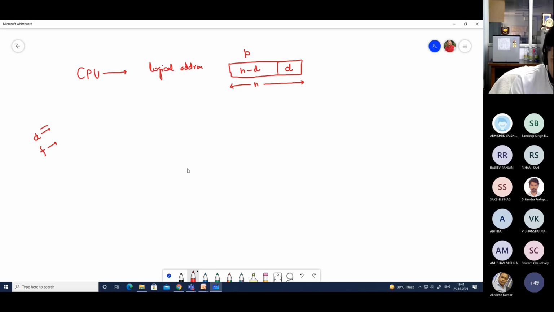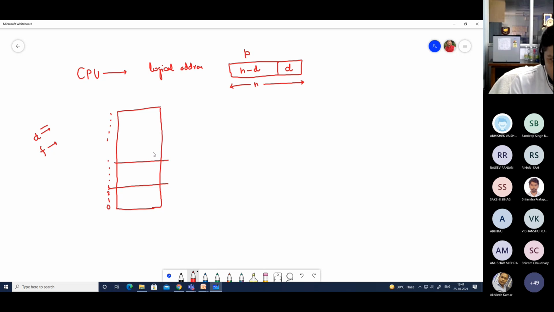So what is going to happen? Suppose this is your virtual address space, with addresses 0, 1, 2, 3, 4 and so on, divided into equal-size pages. Suppose the physical address space is divided into equal-size frames.